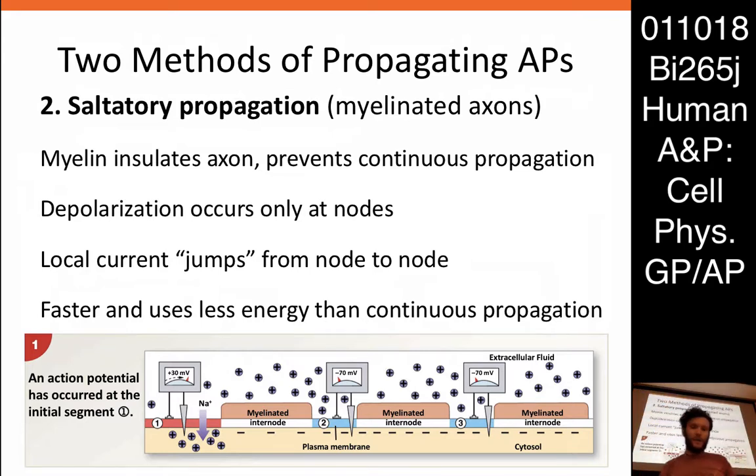All right. And so what's nice about this is that you can have, say this is the axon hillock, we have the stimulus of an action potential here. We have the influx.